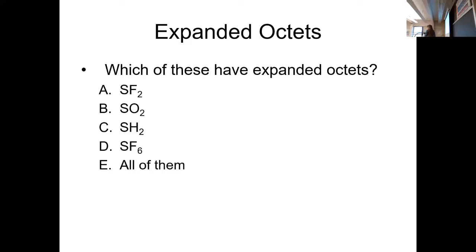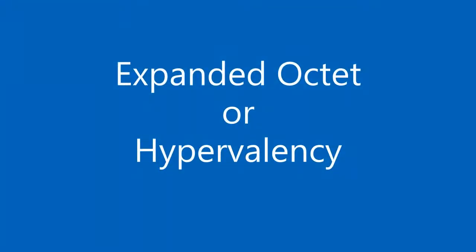Does that make sense? Since the sulfur is bonded to 6 things, automatically it has 6 times 2, or 12 electrons around it. One of the things on there was SO2. Sulfur is in the same column as oxygen, and so it also has 6 valence electrons.